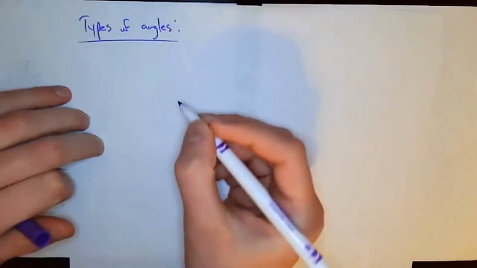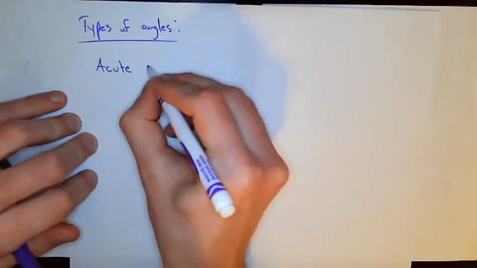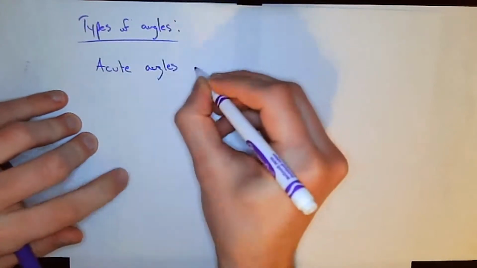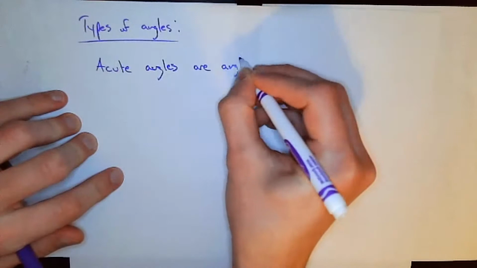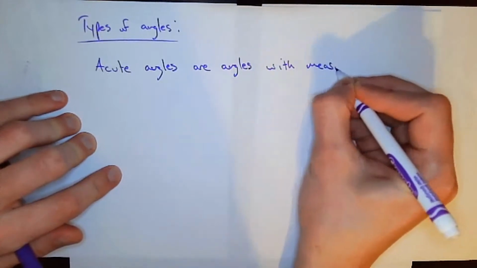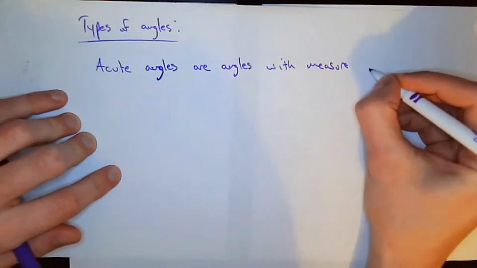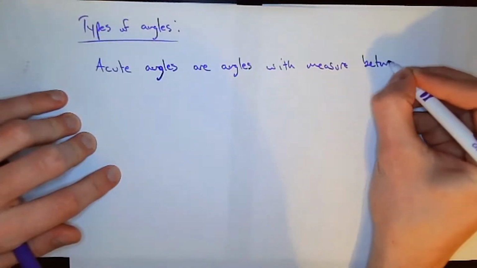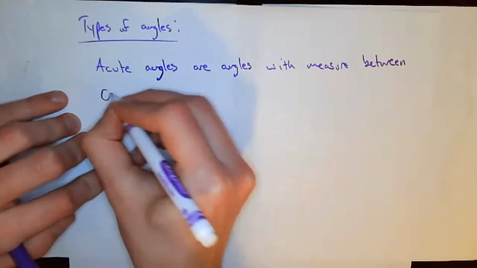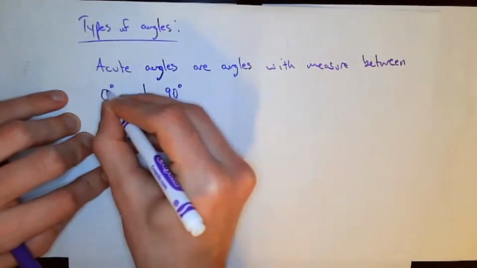We've got tiny angles, angles that are less than 90 degrees. We call them acute angles. Acute angles are angles with measure between 0 degrees and 90 degrees.